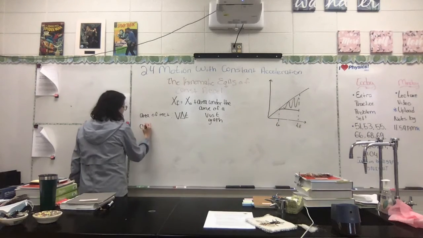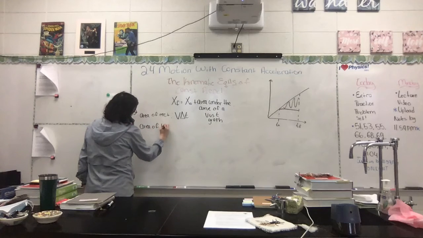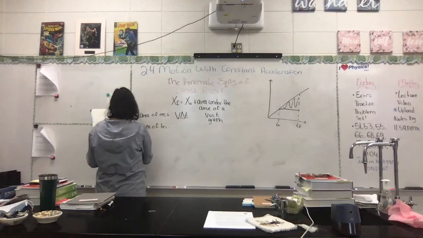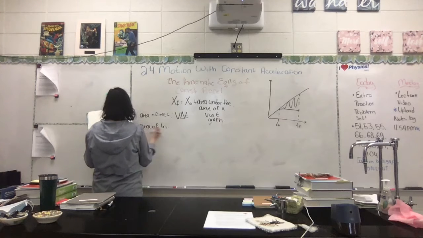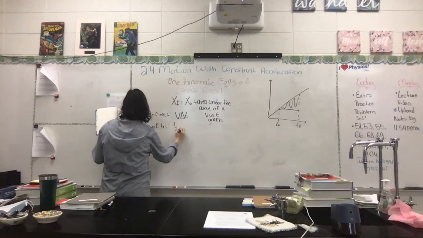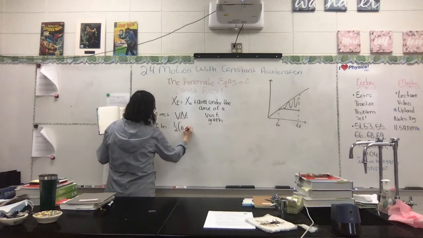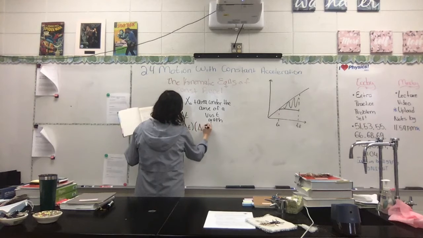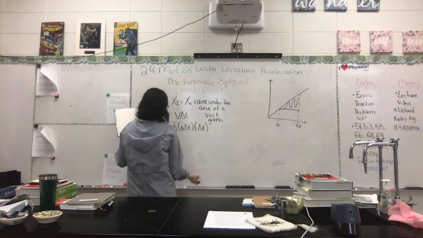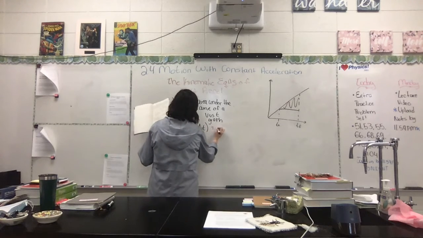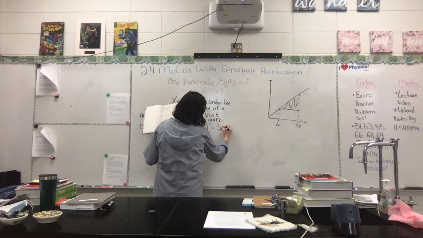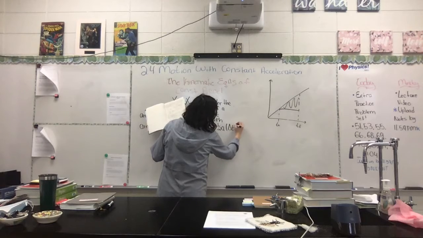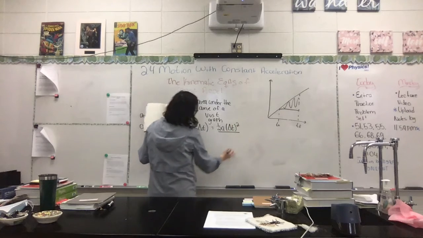The area of our triangle is going to be 1/2 acceleration times delta T times delta T. And what that simplifies down into is 1/2 A delta T squared, okay?